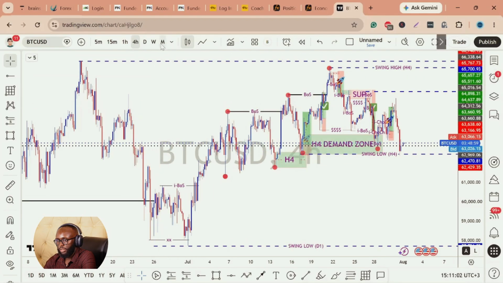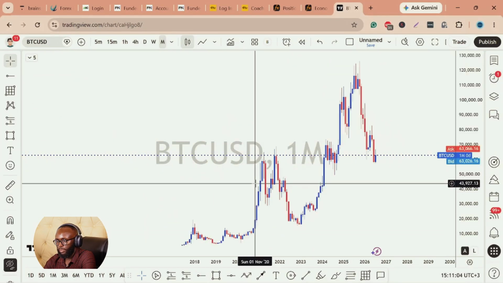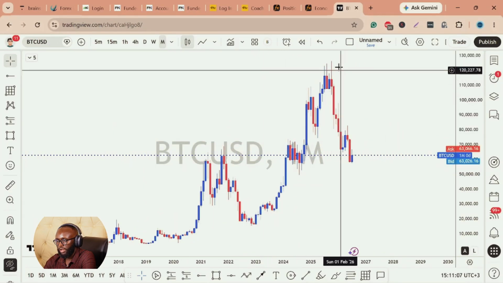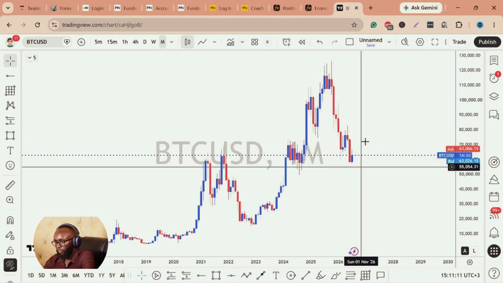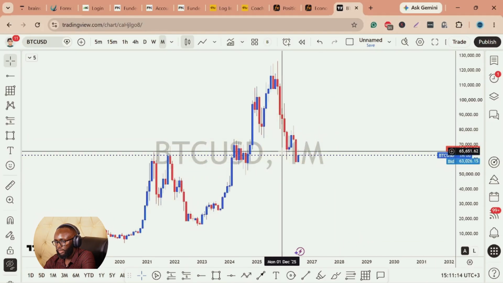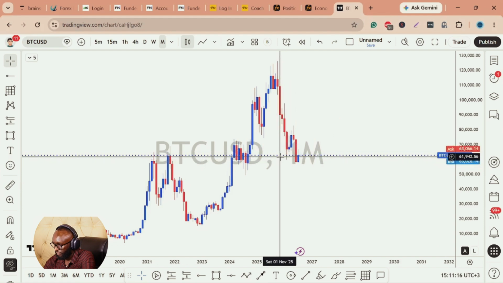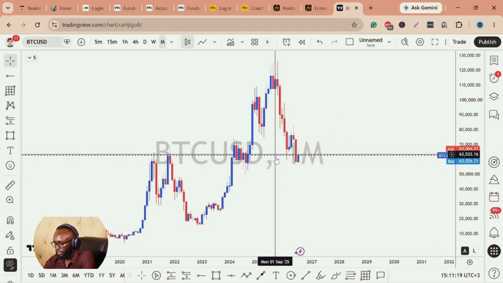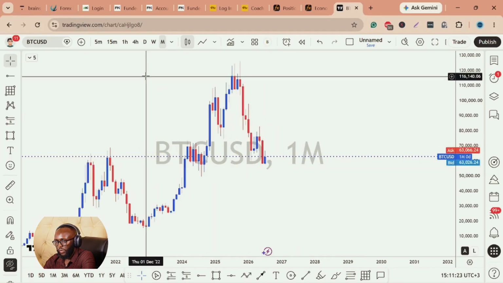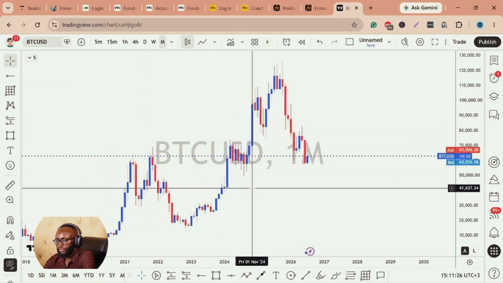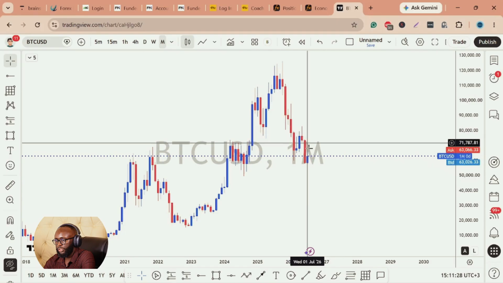Now, from the monthly time frame context, we have had a bearish leg on BTC USD. On the monthly time frame, the price has been pushing lower.